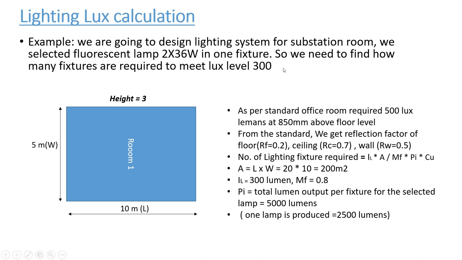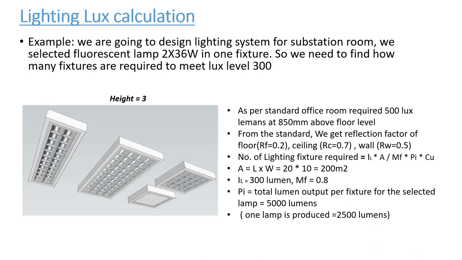As per the standard, a fluorescent lamp is recommended for the substation. So I am selecting a fluorescent lamp, and instead of a single lamp I am using lighting fixtures, each fixture having 2 lamps, and each lamp has an electrical input power of 36 watt.